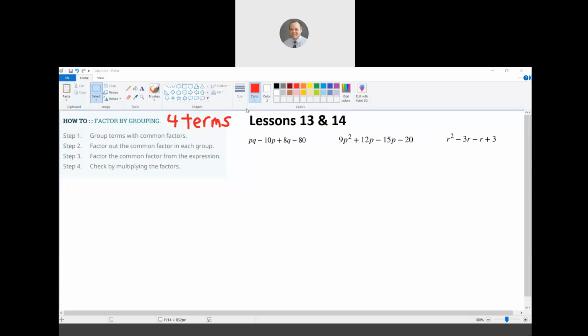Factor by grouping. The magic number of terms required is 4. So to factor by grouping, these are the steps. You group the terms with common factors. In other words, you group the first two terms and the last two terms together. Step 2, take out the GCF or greatest common factor from each group.